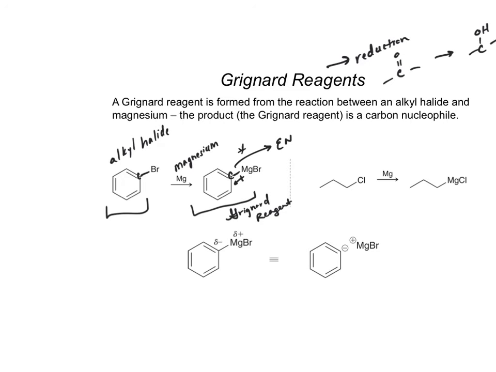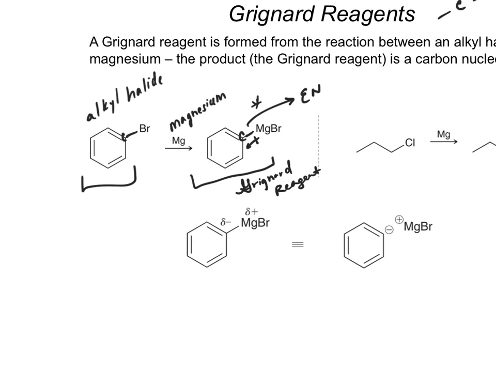We can characterize that as a polar bond, right, with a partial negative on the carbon and a partial positive on the magnesium. But this difference in electronegativity is so large that we can essentially treat this bond as being ionic, right? So that carbon has all of the electrons in that bond and magnesium has none, okay?